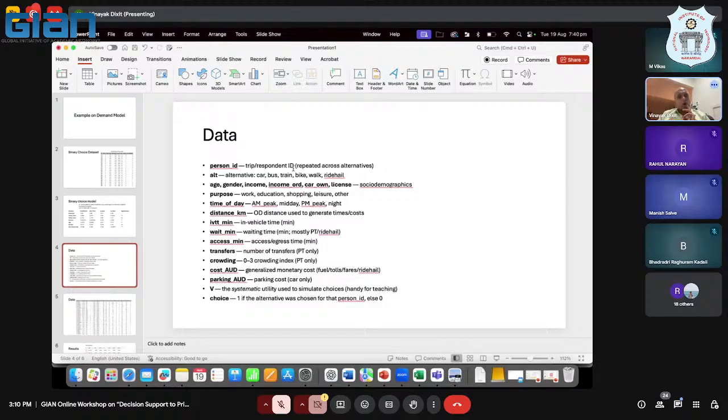Or you're actually creating a travel diary, so you have that for different trips. I'm also going to do a multinomial choice model, which is basically looking at 1, 2, 3, 4, 5, 6, so 6 alternatives. So let's look at the data.